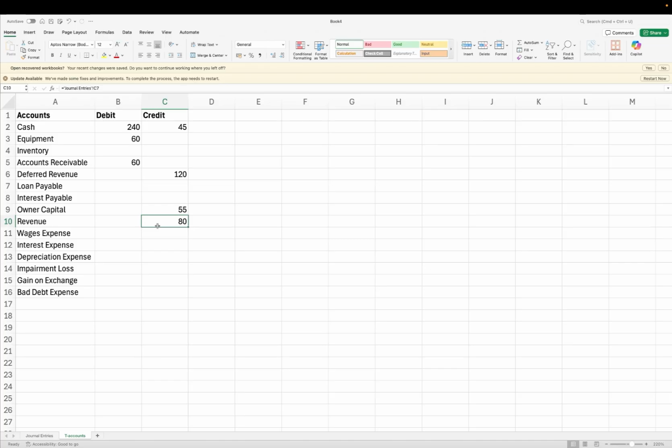Revenue already had a credit balance from an earlier transaction, so I add the new amount to the existing balance. Adding to this. Great. So the revenue becomes 140.